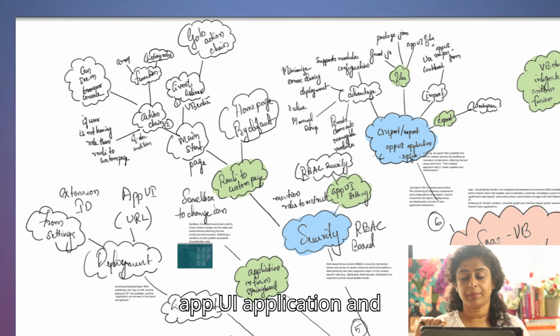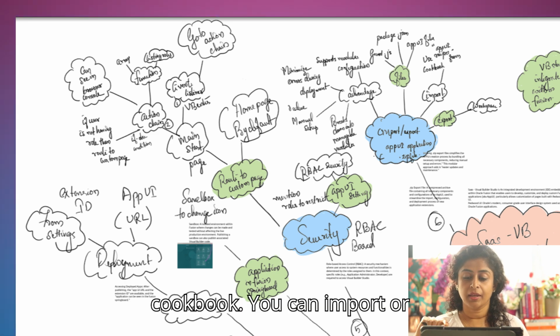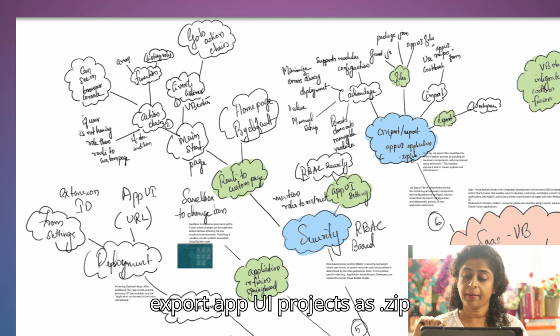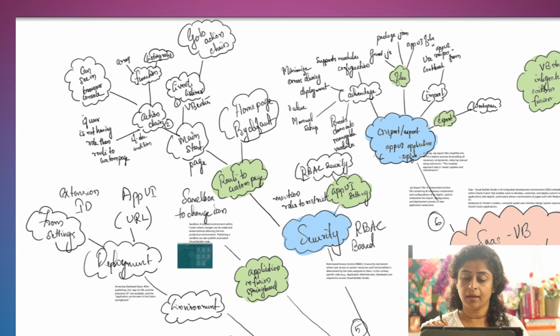Export app UI application and import zip files from Oracle Cookbook. You can import or export App UI projects as .zip files. These zip files contain app files, package.json, or Gruntfile.js.